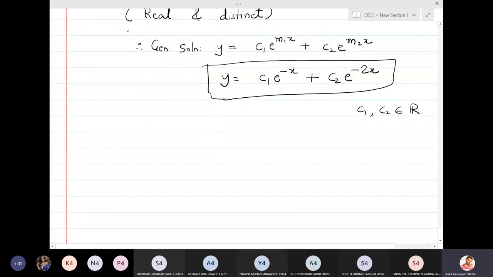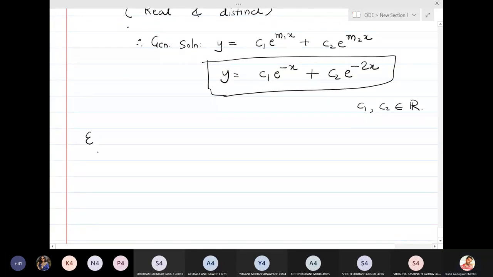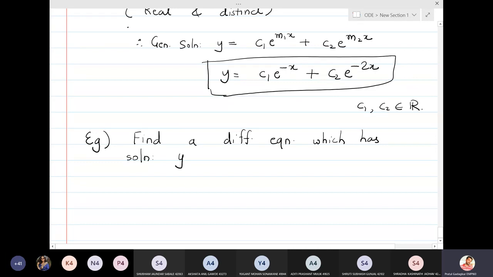Okay, let me take one more example now. Find a differential equation which has a solution y equal to c1 e power 2x plus c2 e power 3x.